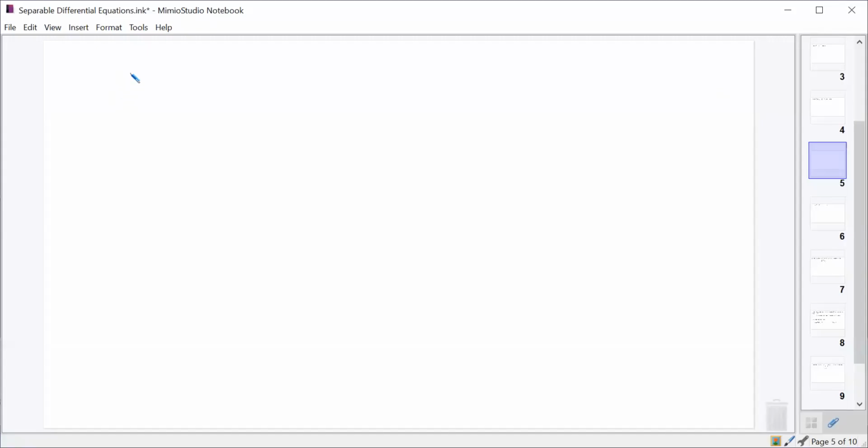So we'll start with 2D from the separable differential equations. Was that the one that ended up with an inverse sine in it, I believe, in your final answer?